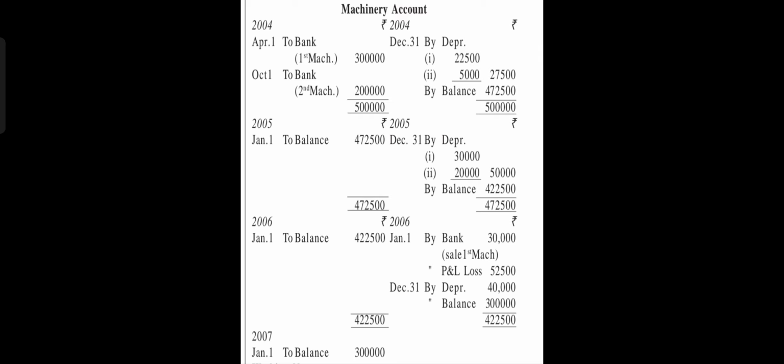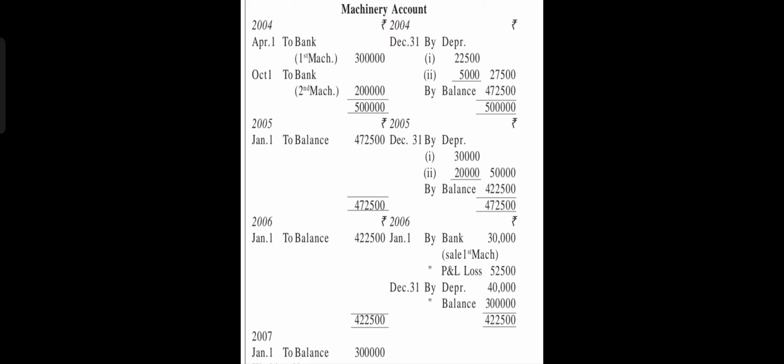In the same year, the company purchases the second machinery on 1st of October 2004. Again the machinery is coming in and bank is going out, so machinery account debit, to bank, for the second machinery, and the cost is 2 lakh.